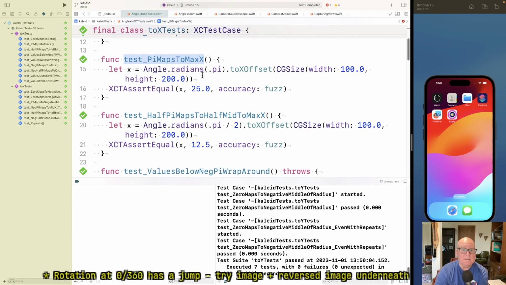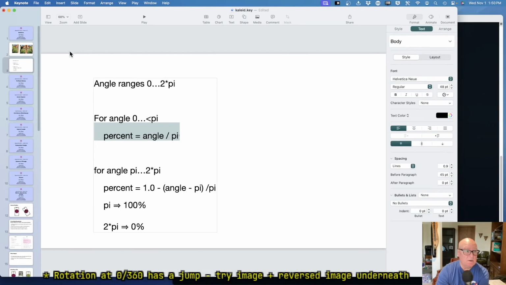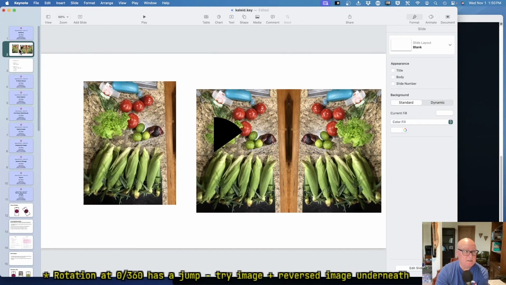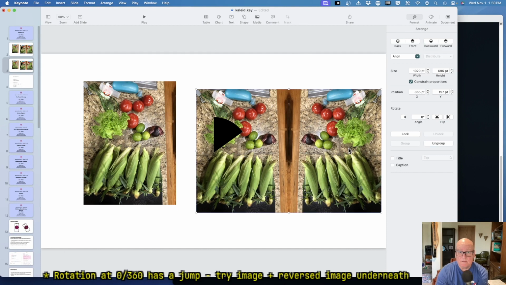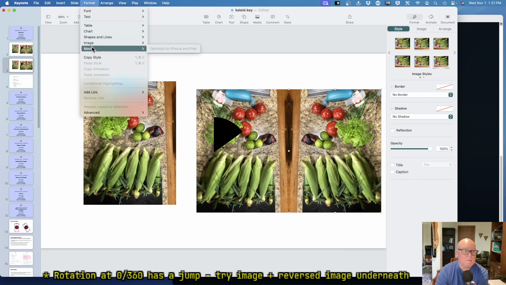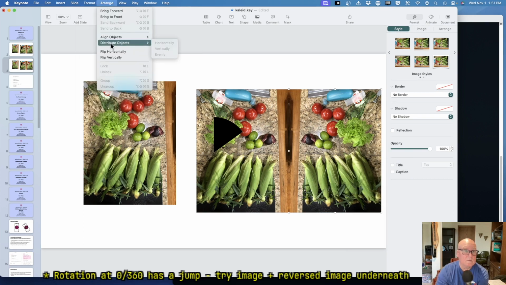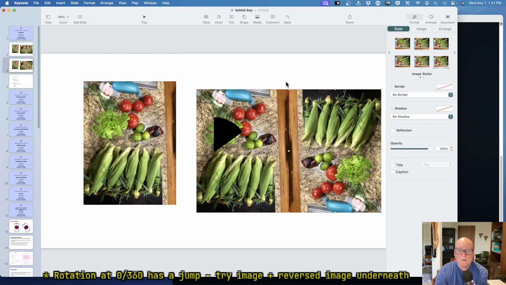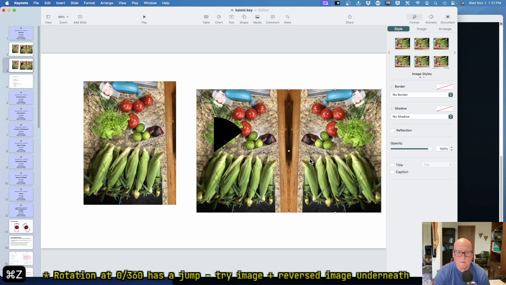Yeah, I guess I'm feeling like maybe what should be going on is kind of a combination. Let's duplicate this. I think maybe this should be reversed. Okay, so no. Flip horizontally.